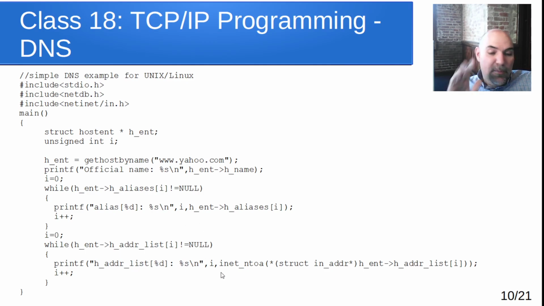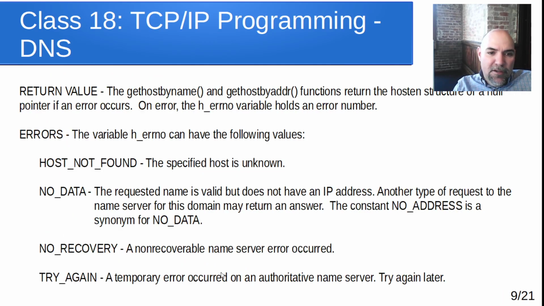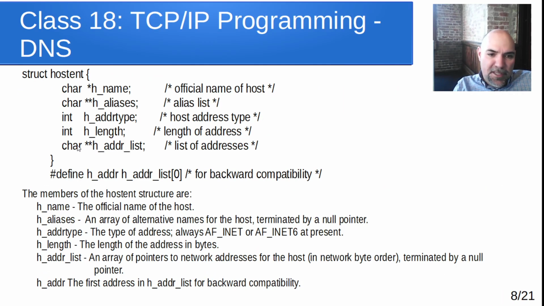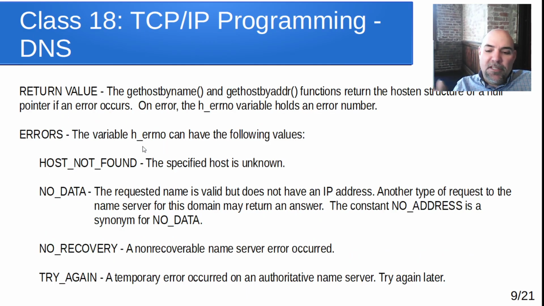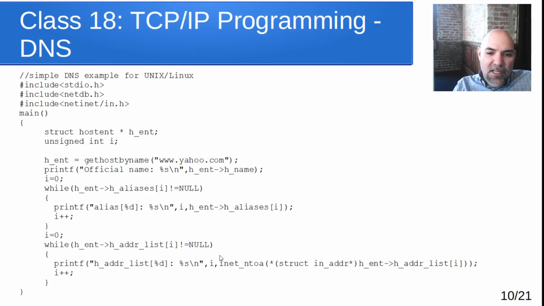Now, there's something a little bit strange going on here that I need to mention. Remember that even though in that structure back here, this is listed as a character pointer, these things are really just the 4-byte or the IPv6, the larger byte addresses. And it works with 4-byte addresses for right now.